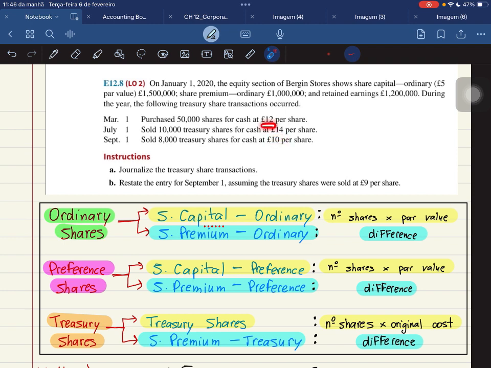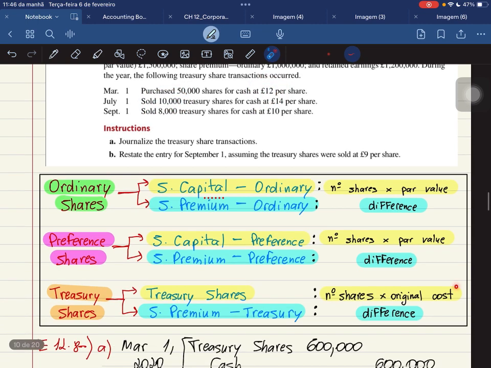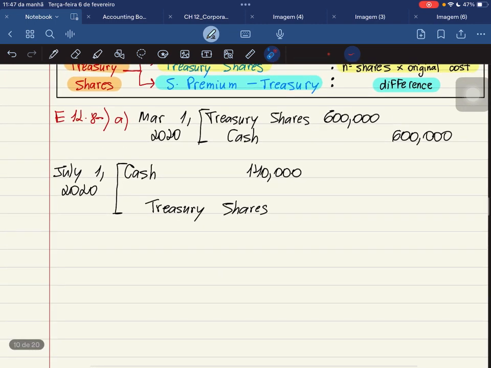We actually bought them for 12. So the amount of treasury shares going down is the number of shares times the amount that we actually paid, the original cost. The original cost was 12, so we are going to have 120,000 over here.